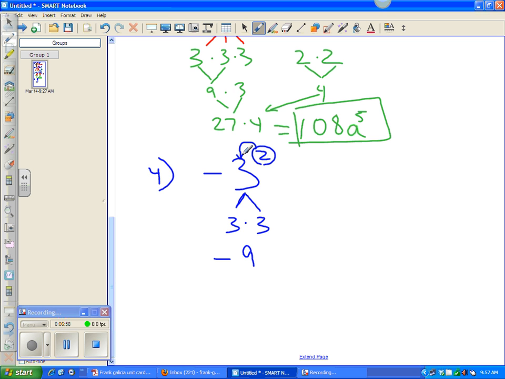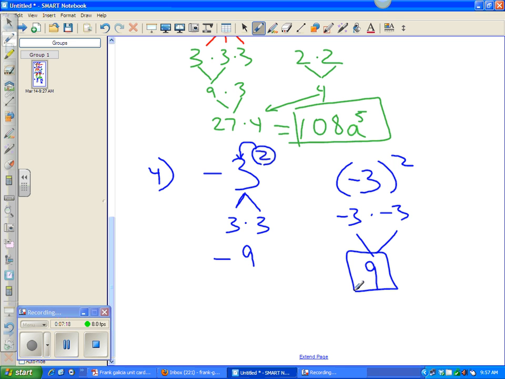So if this was negative 3 in parentheses raised to the 2nd power, then your answer would be negative 3 times negative 3, because the negative is related to that power, and negative 3 times negative 3 gives you a positive 9. That's how you deal with the negative in the situation.